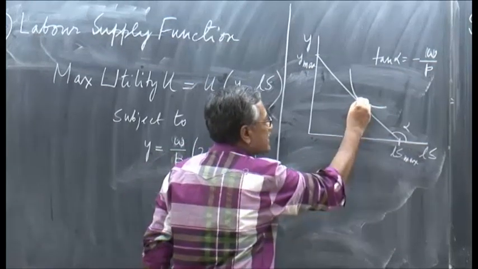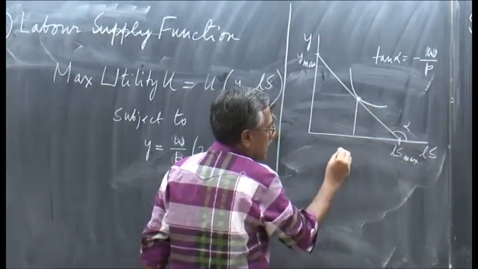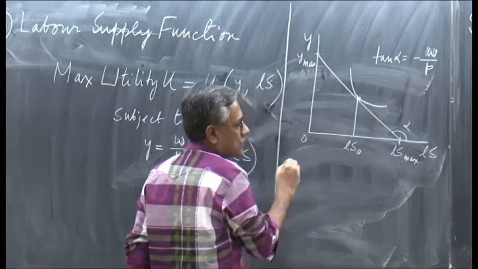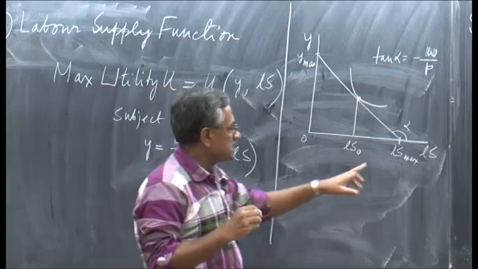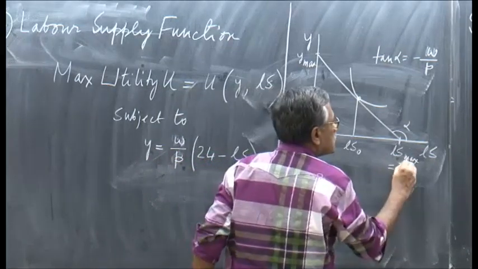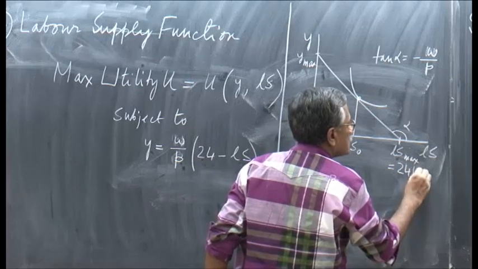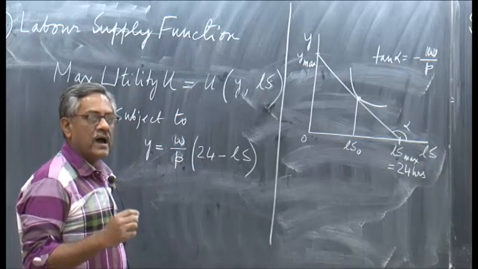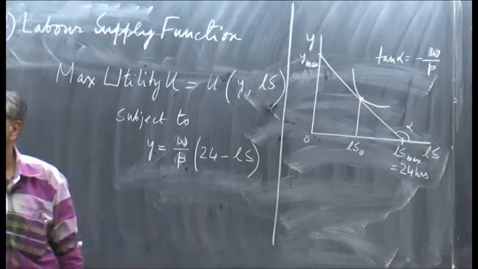When you have that, you can drop a line here and find an LS value, say LS0. What is the LS maximum? This is 24 hours. LS maximum here is 24 hours.